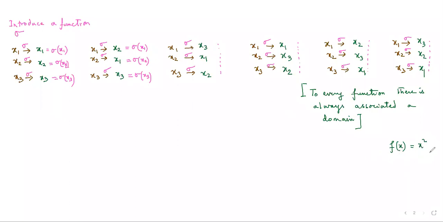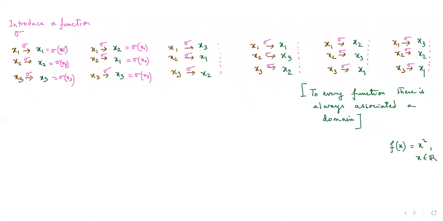This doesn't bear any meaning, because, as you have already known from mathematical logic, the context is not clear over here. We do not know whether x is a rational number, real number, or natural number. But if someone writes that f(x) equal to x square where x belongs to R, that means we are choosing these elements from the set of real numbers.